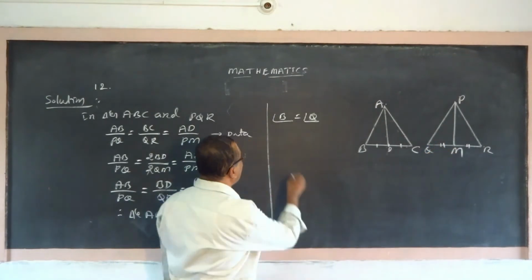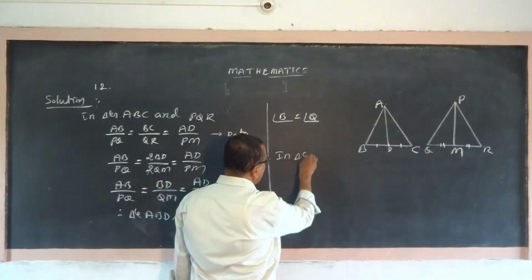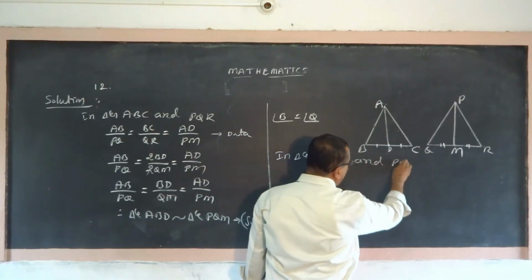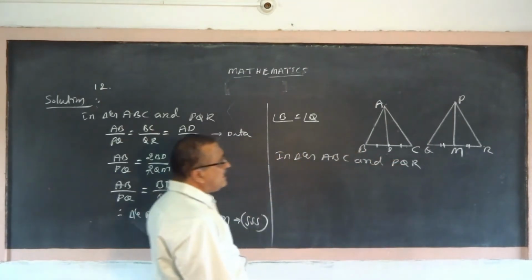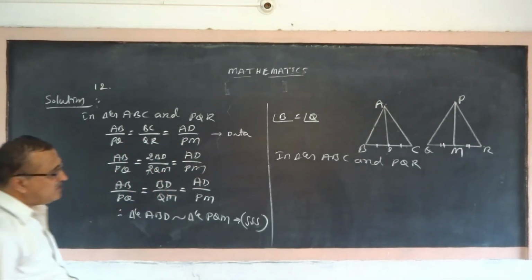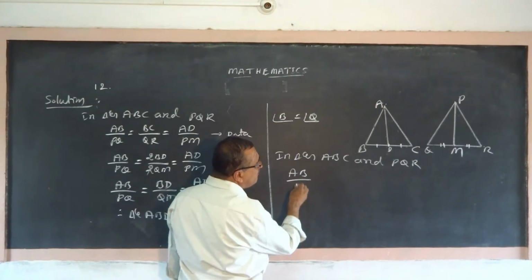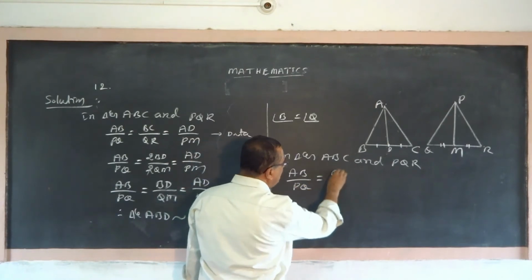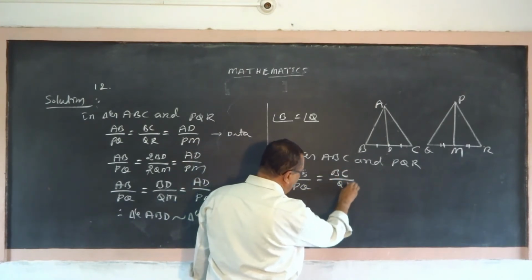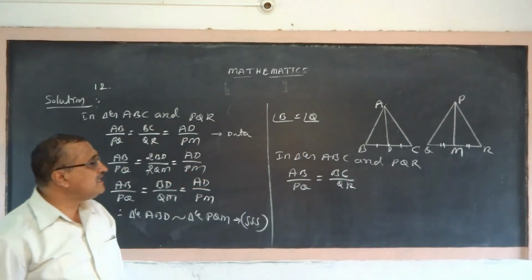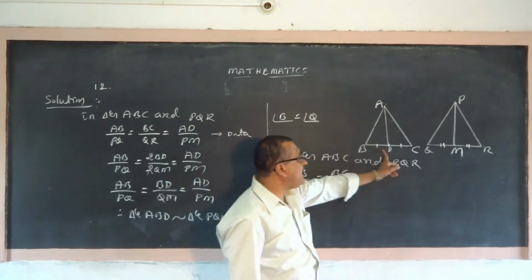Now take triangles ABC and PQR. In triangles ABC and PQR, you know that AB by PQ is equal to BC by QR. Now find out the angle which contains these two sides, AB and BC.